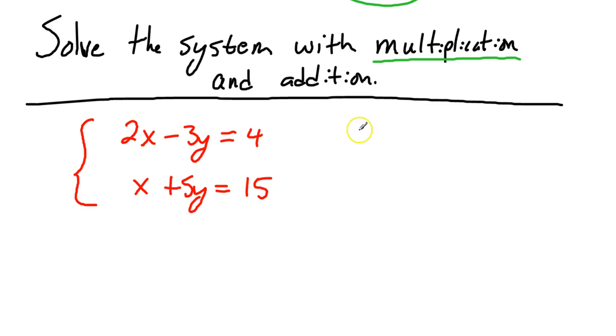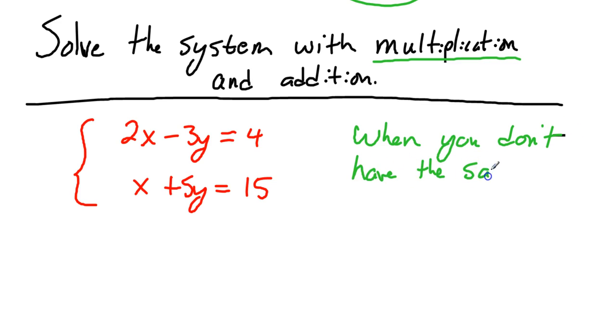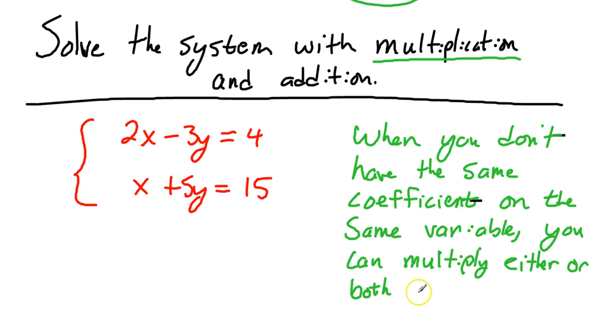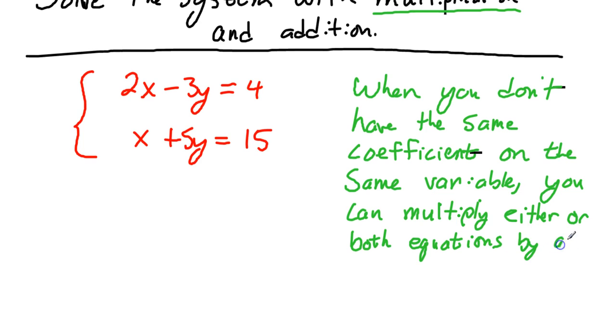So when you don't have the same coefficient on the same variable, you can multiply either or both equations by pretty much any number you want to.